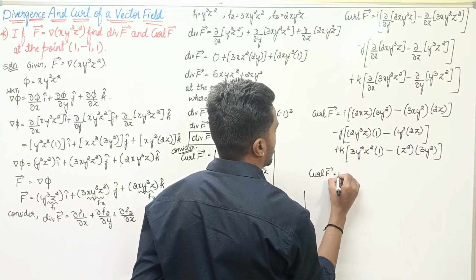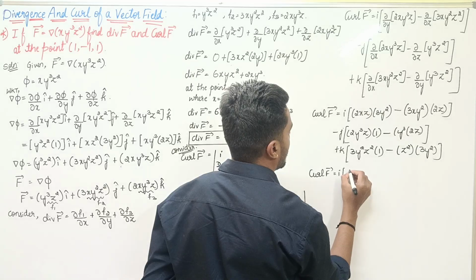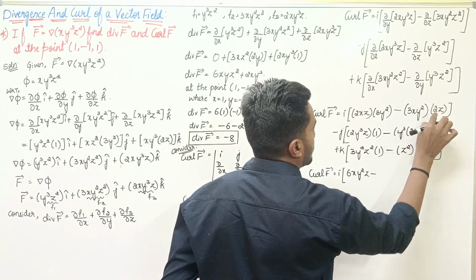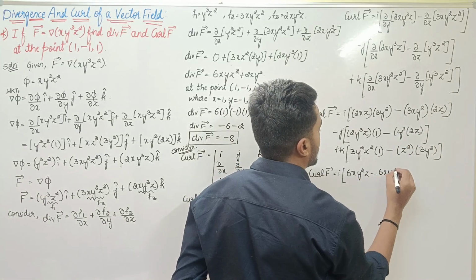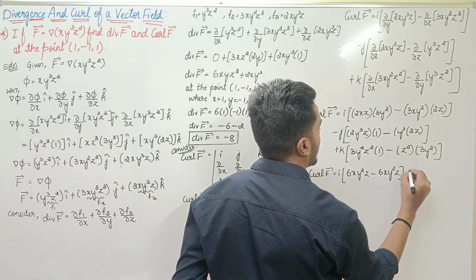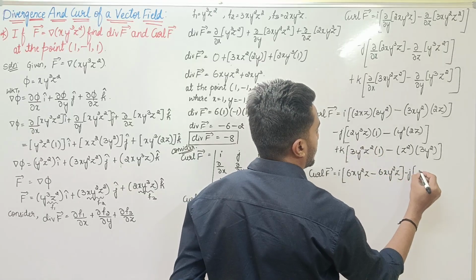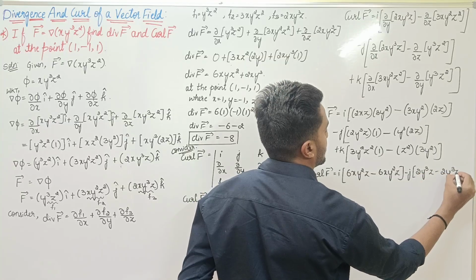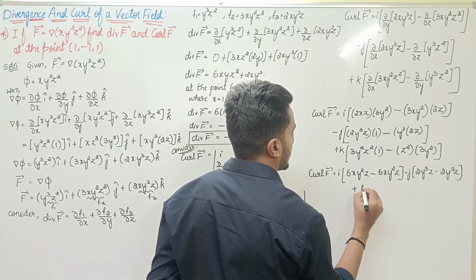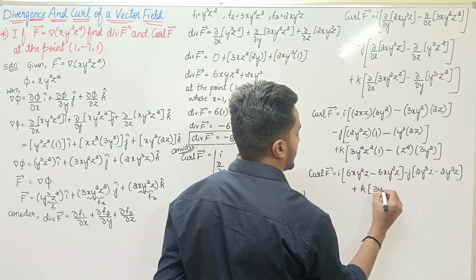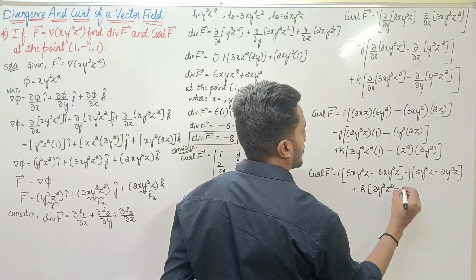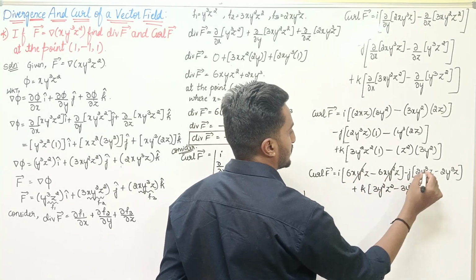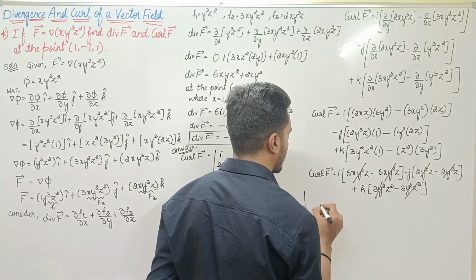See, curl of vector f is equal to i into (3 twos are 6xy²z minus 3 twos are 6xy²z) minus j into (2y³z minus 2y³z) plus k into (3y²z² minus 3y²z²). See, these get cancelled, this and this get cancelled.